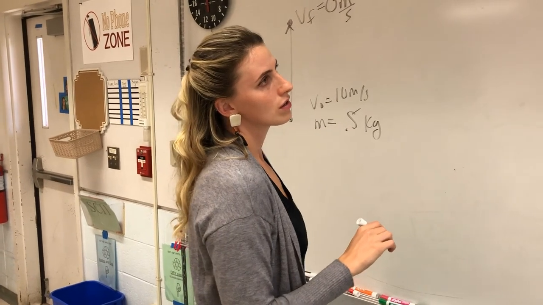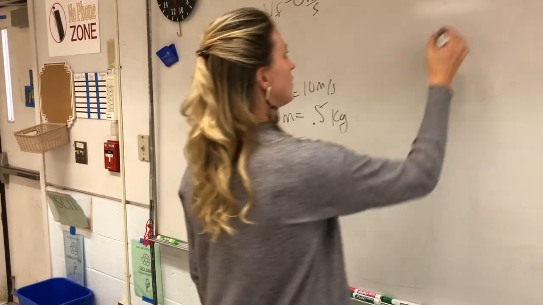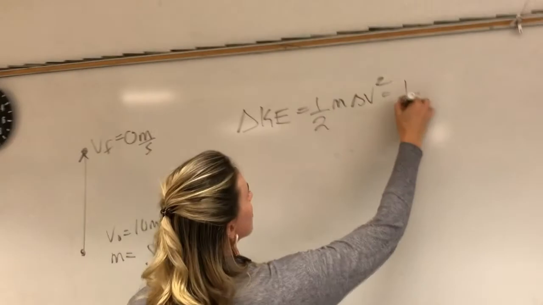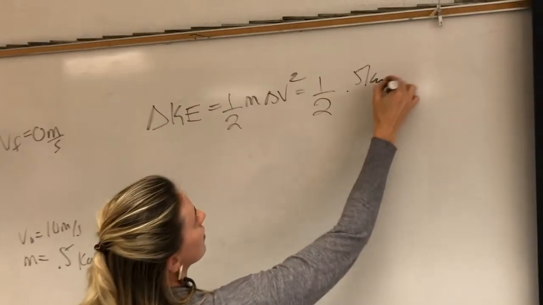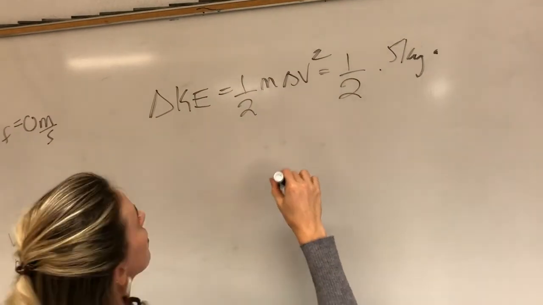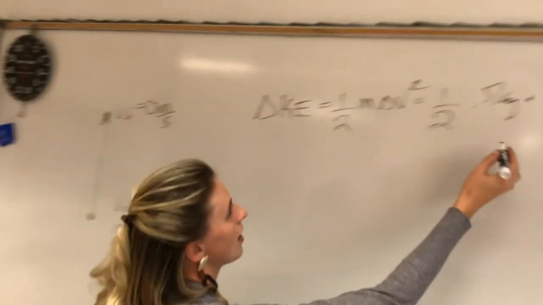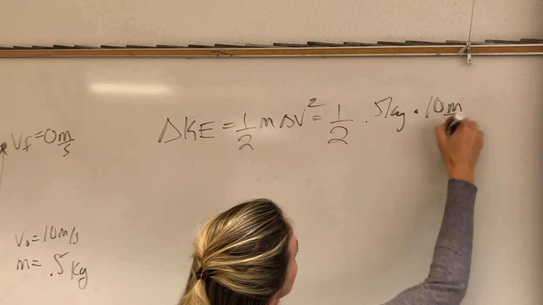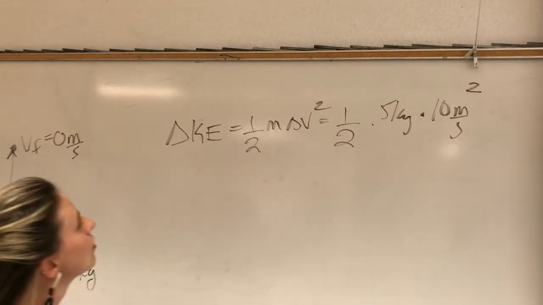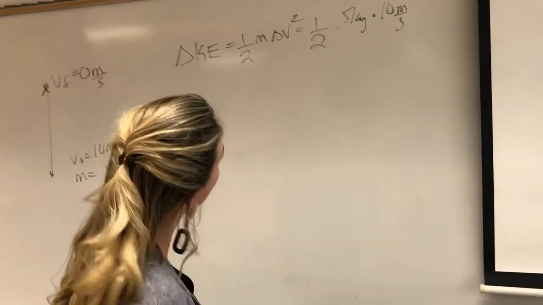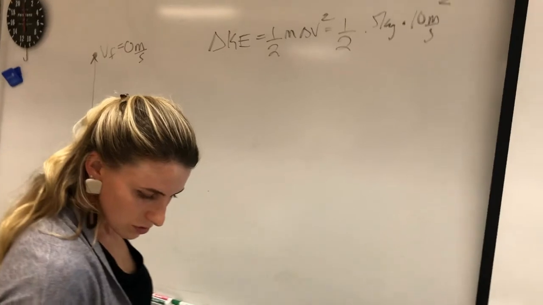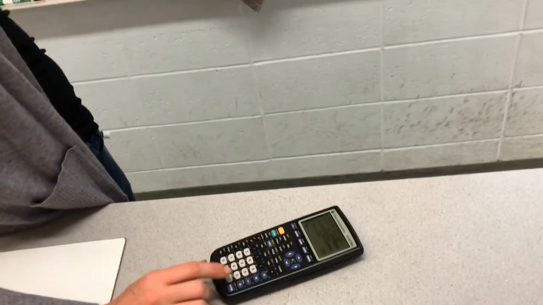So how much kinetic energy does it have at the start? Okay, let's figure it out. So let's plug this in. My mass is 0.5 kilograms times, the change in velocity is just going to be 10 meters per second squared. Okay, so 0.5 times 10 squared, and I get... oh wait, I forgot.